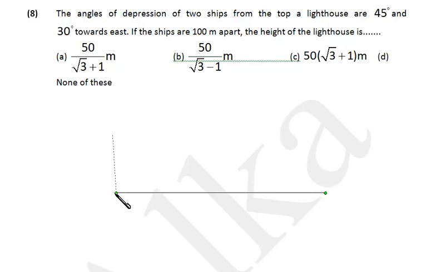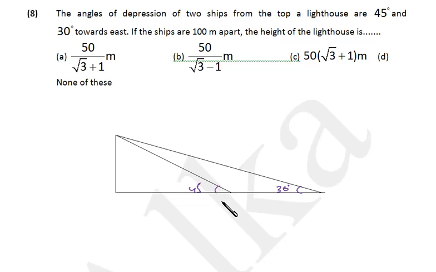This is the lighthouse. Then maybe one of the ship is here and the other ship is here. Okay, so I write this is the angle 45 degree, this is the angle 30 degree.